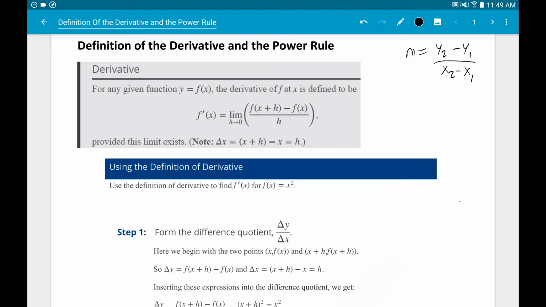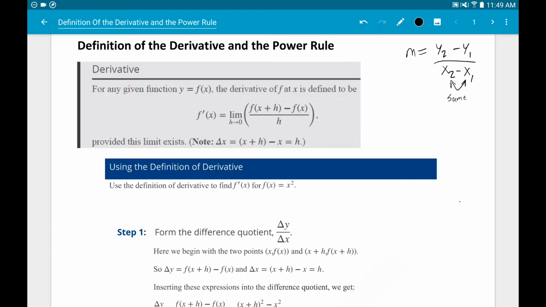Think of it like this. I want both x sub 1 and x sub 2 to be the same. So they're both 5, for instance. You'd have 5 minus 5 on the bottom. That would give you division by 0, which is a problem.